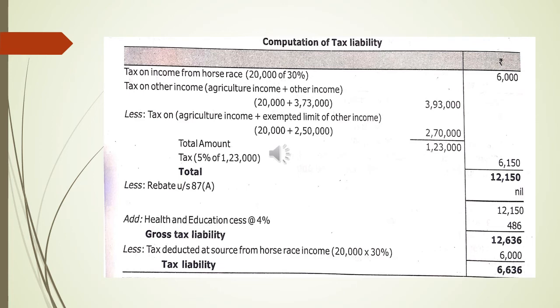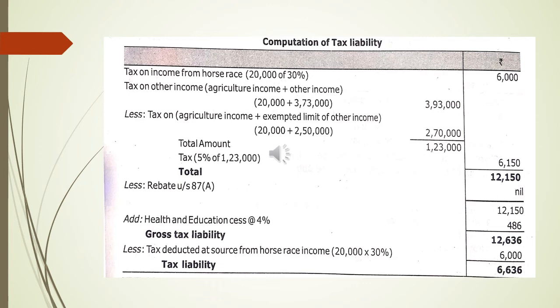So on this 1,23,000 only you are supposed to charge tax. Up to 2.5 lakhs there is no tax, so already we have integrated that with agricultural income. So on the remaining 1,23,000 you have to charge 5%. So 5% of 1,23,000 comes to 6,150. So your total tax liability becomes 12,150.